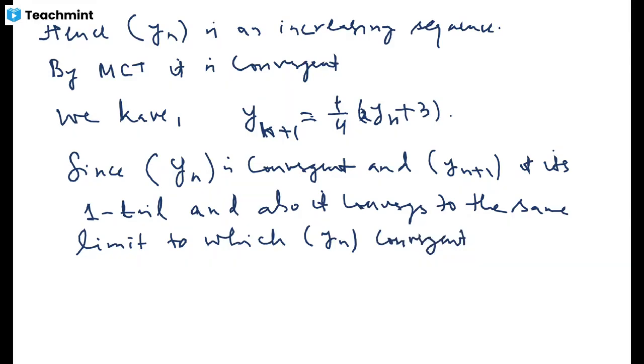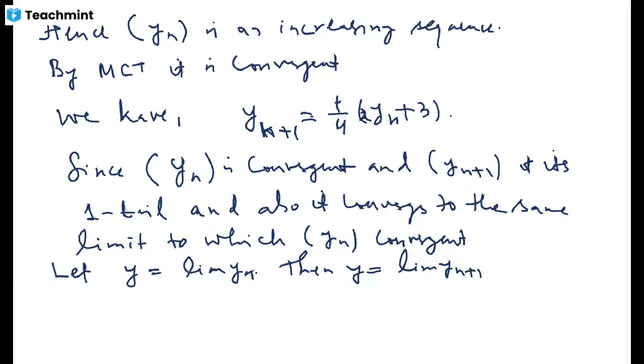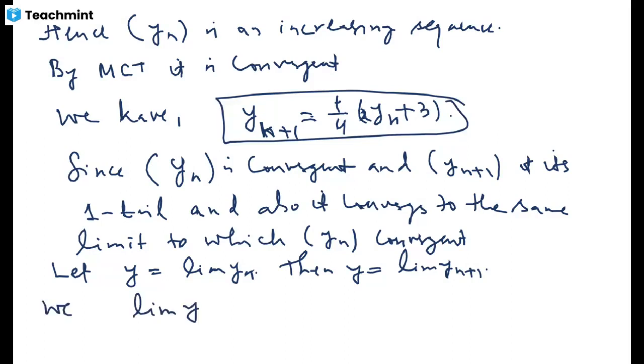And let us take y to be the limit of this sequence yn. Then that means that y is the limit of its tail yn plus 1. Now if you use the results where convergence and algebraic operations interact, then I will have from this equation that the limit of yn plus 1 will be equal to 1 by 4 times the limit of 2yn plus 3.